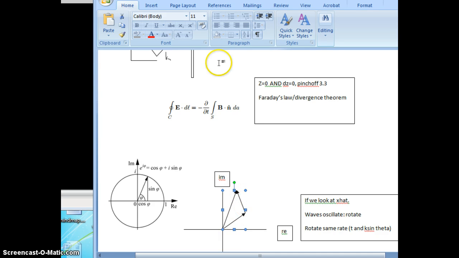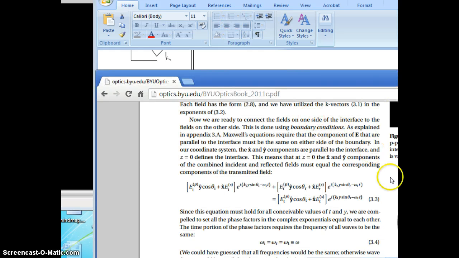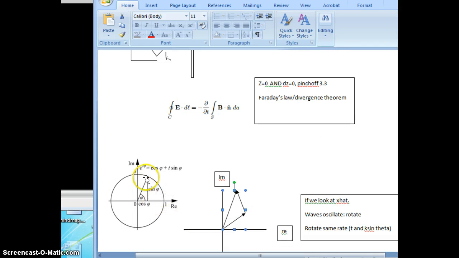What can change, though, is that these vectors can rotate, and that's exactly what wave functions do, they rotate. They don't get bigger, because that again would imply that at a given z position we're increasing and decreasing electric field.